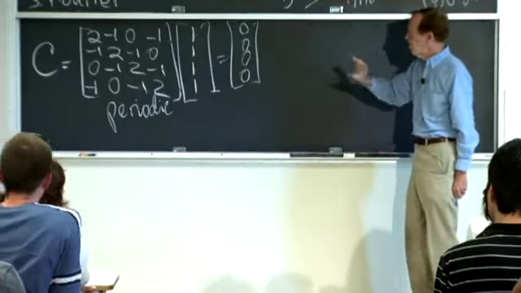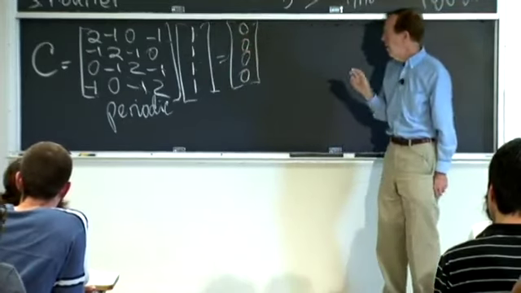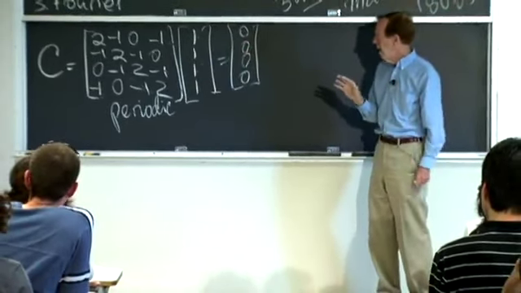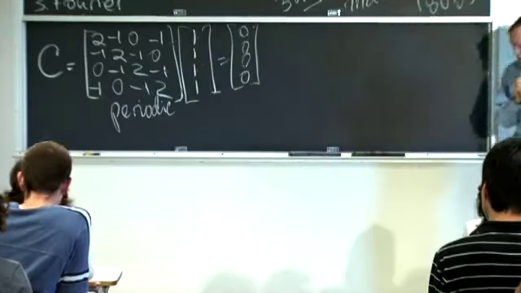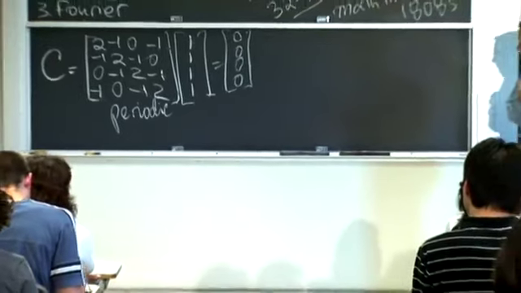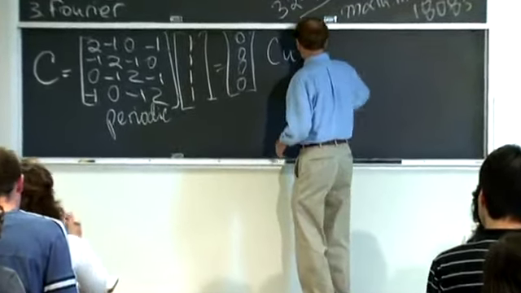If all the rows add to 0, then this vector of all ones will be in the null space, if you wanted a fancy linear algebra word. What does that mean? It solves CU equals 0.